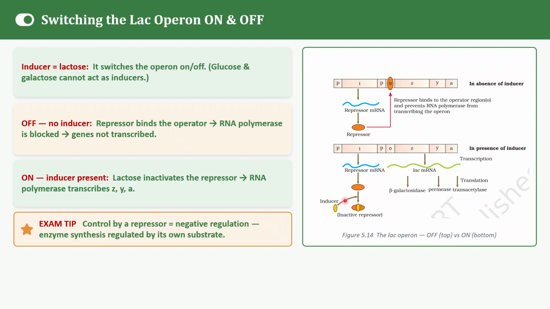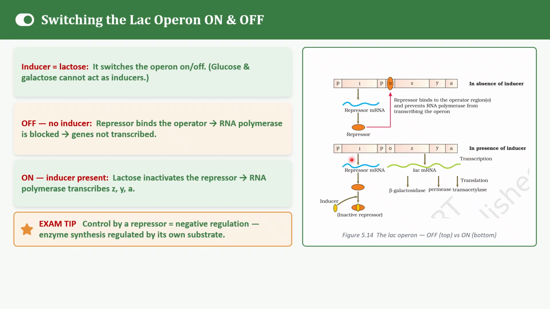Now the repressor cannot bind to the operator and block the transcription process. So the RNA polymerase can transcribe the structural genes.